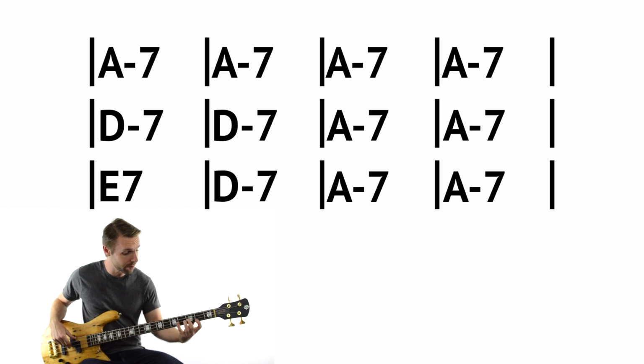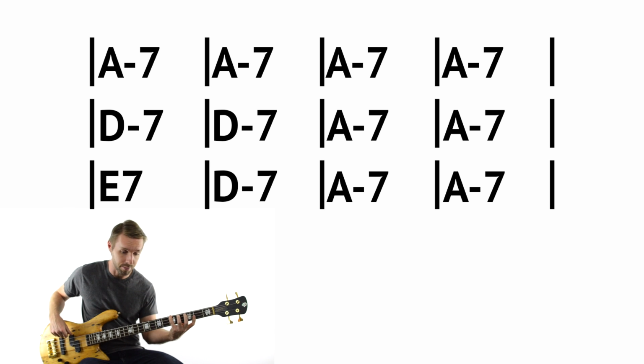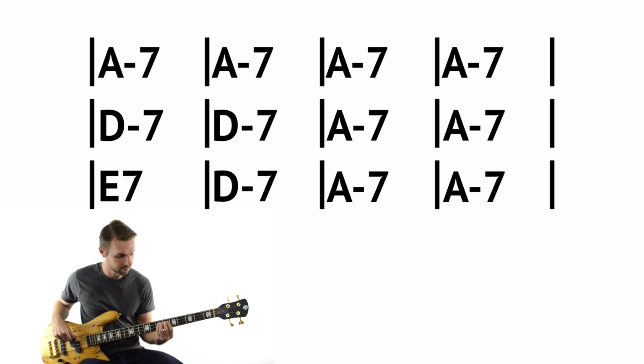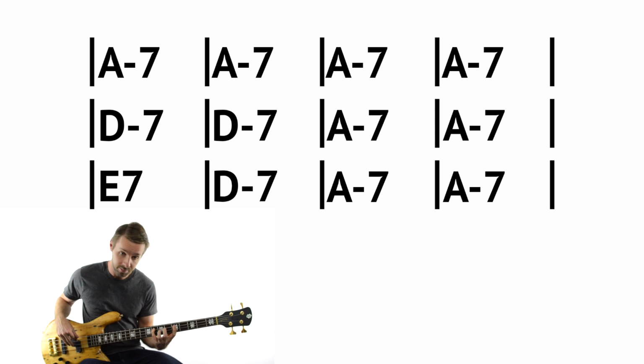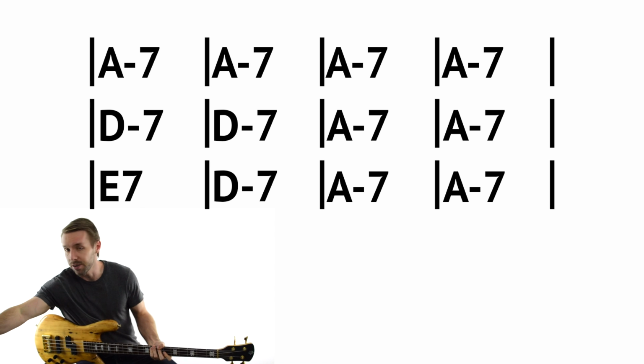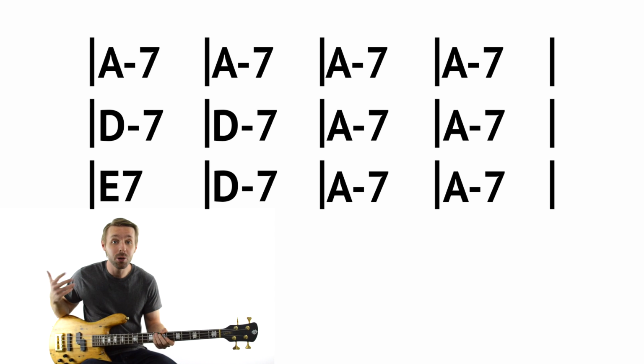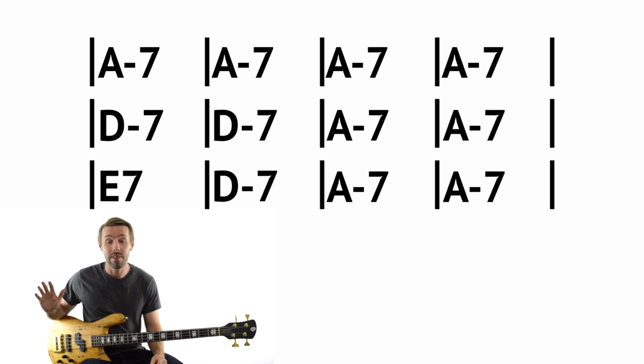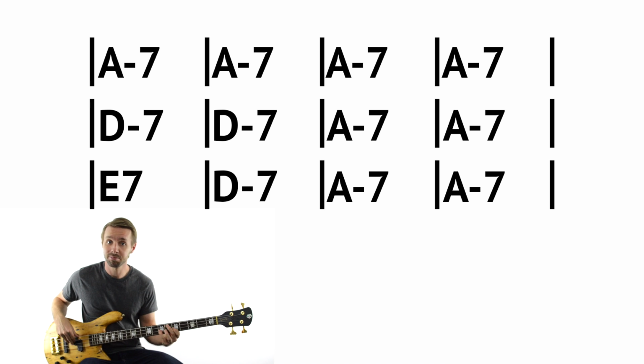You can also use this shape to play your minor triads. Just like that. Finish out the form like that. Now you could also just avoid the third completely, and that'd be fine too, something like that.